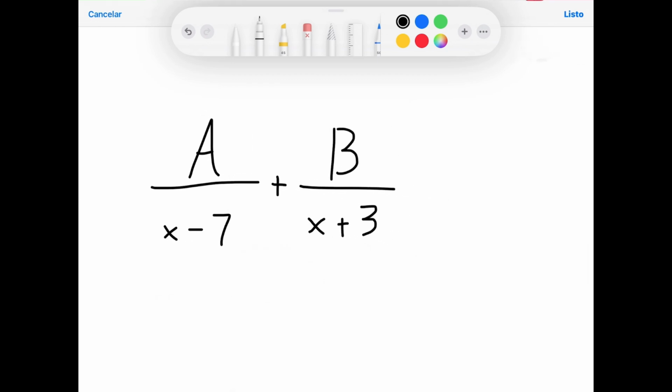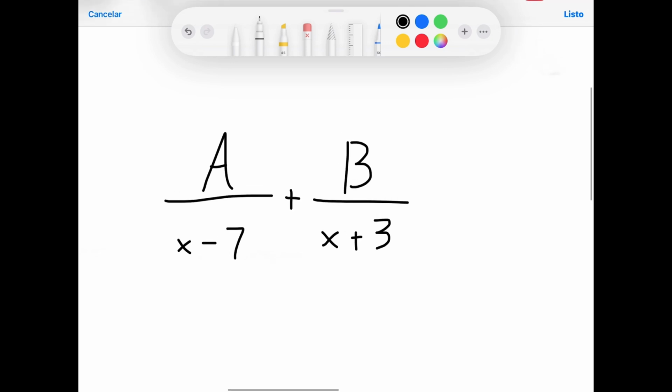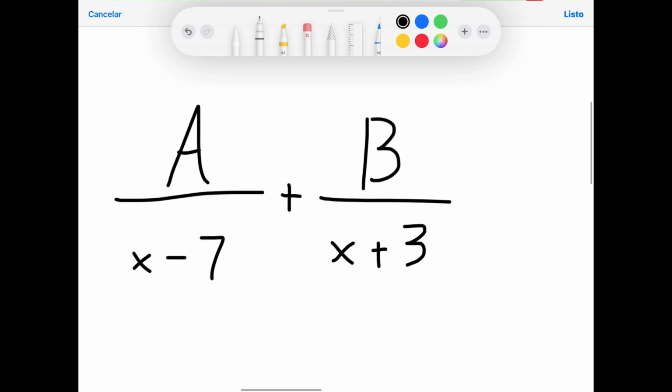So now to get the answer of this, I cross multiply the fractions. So this times this and this times this. It's called the butterfly method.